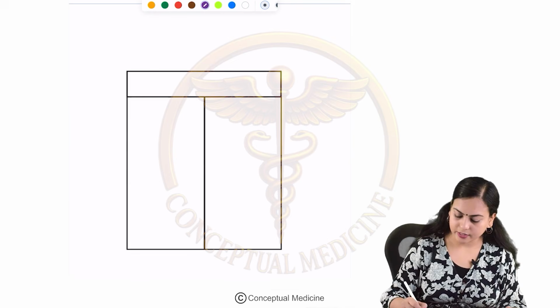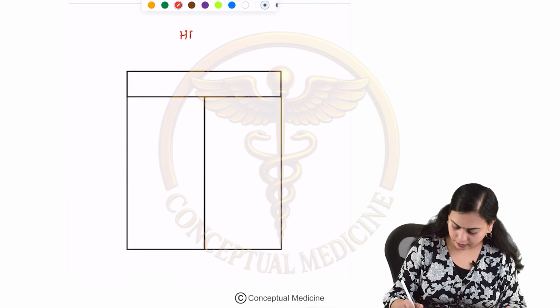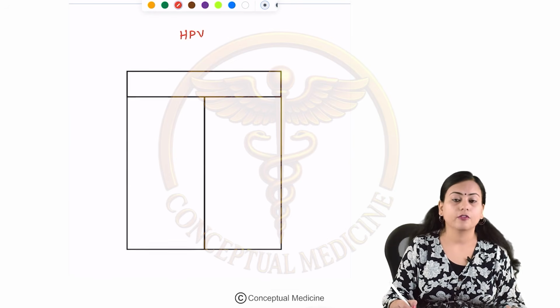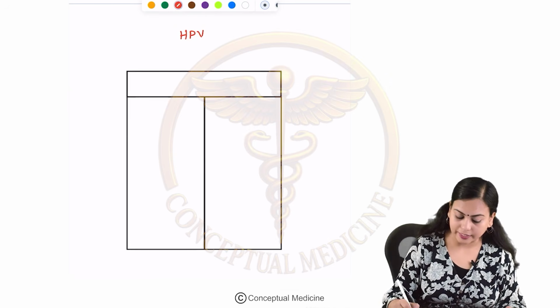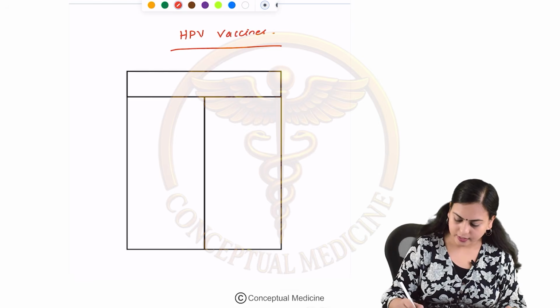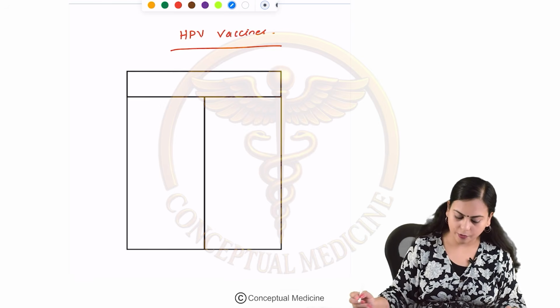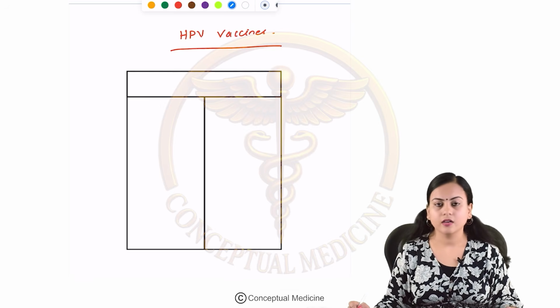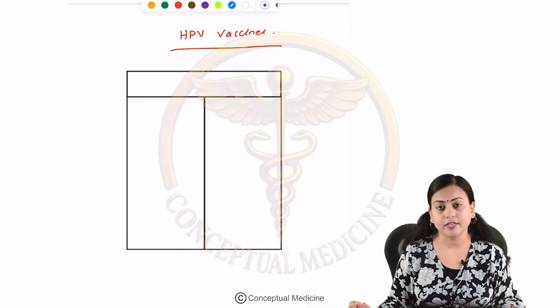Now, I am going to discuss one of the important preventive strategies for HPV infection, that is HPV vaccines. Let's discuss the vaccines, how they can prevent and what they can prevent.